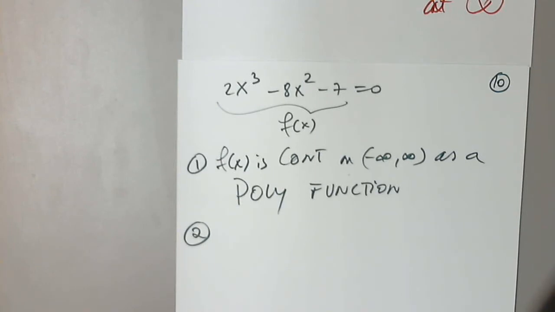So in y equals, put in the function, and clear if you have anything else. 2x cubed minus 8x squared and minus 7. And there is no deep freeze on this one.